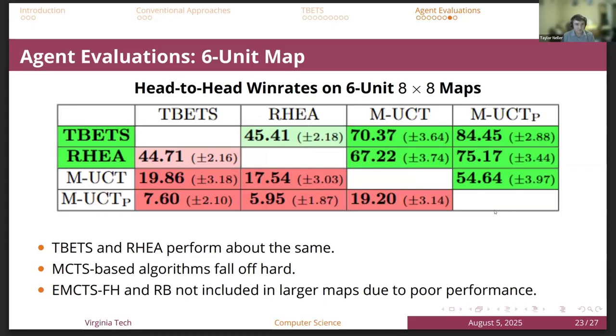For the 6-unit maps, we omit the other 2 poor performing agents. We can see here that T-bets and RIA perform about comparably to each other, with T-bets having a slight edge. Notably, the Monte Carlo tree search algorithms fall off quite hard here, performing very poorly.